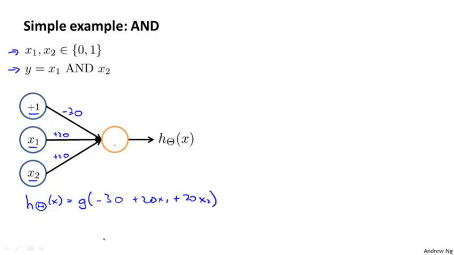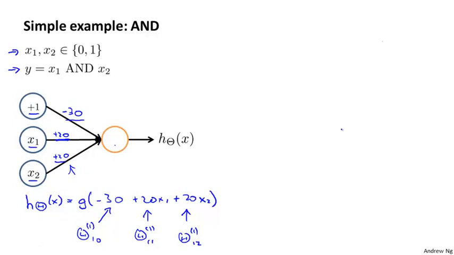So sometimes it's just convenient to draw these weights, or these parameters, in the diagram of the neural network. And of course, this -30 is actually theta 1 of 1,0, this is theta 1 of 1,1, and that's theta 1 of 1,2. But it's just easier to think about it as associating these parameters with the edges of the network.